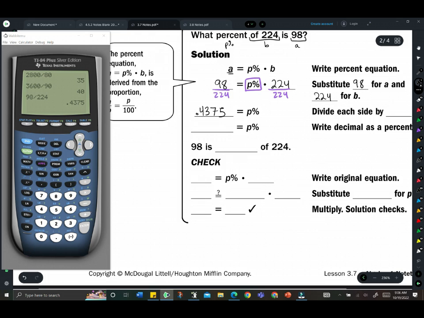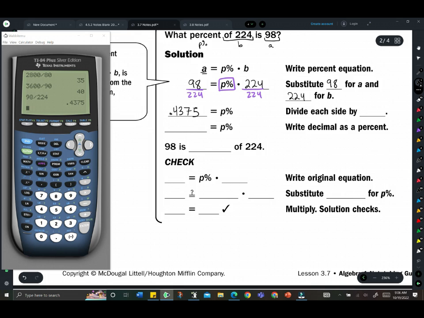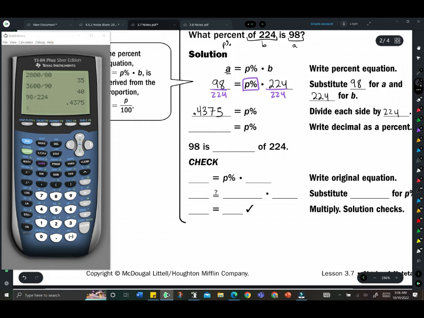To write a decimal as a percentage, you always move the decimal to the right, sorry, my bad. So 0.4375 is 43.75%.